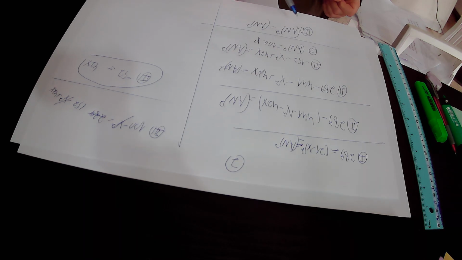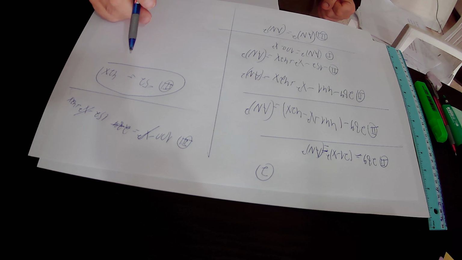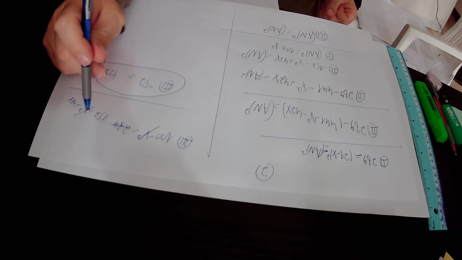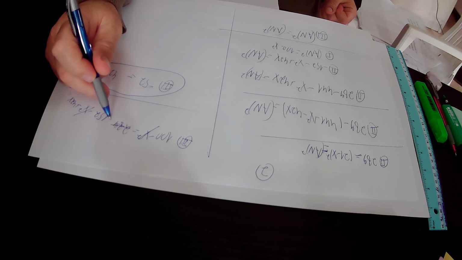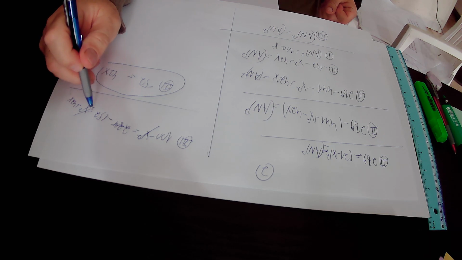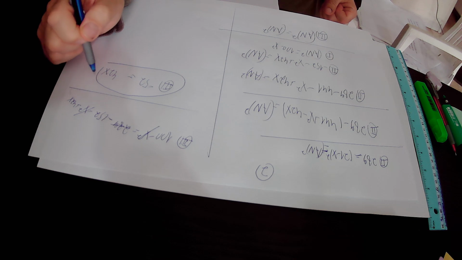And here AN squared according to equation 1 must be equal to AN squared according to equation 2. This is equation 3. So 100 minus x squared equals minus 152 minus x squared plus 42x.